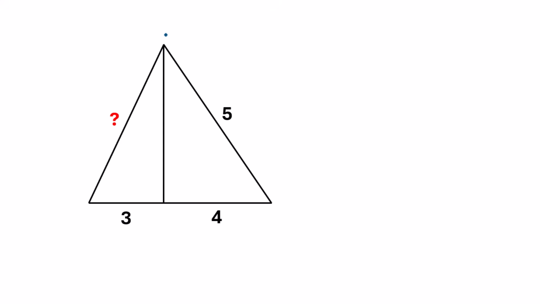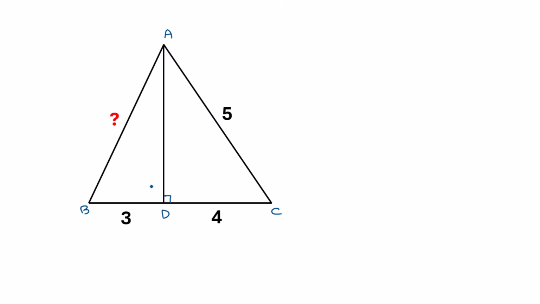Consider the triangle is A, B, C and this point is D. As this is perpendicular, so this angle is 90 degrees.